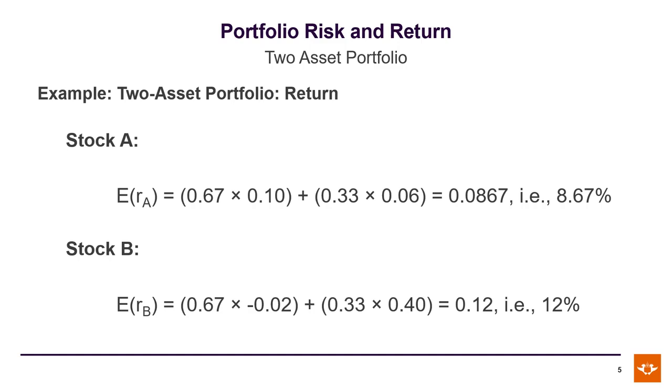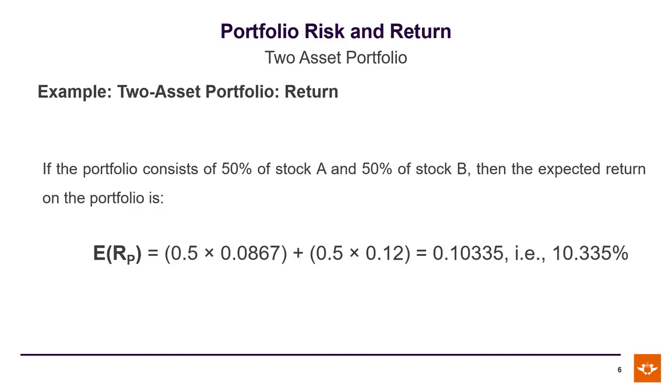So now we're going to look at how a portfolio would perform if we combine A and B to create our portfolio. So in this instance, we've chosen to equally weight our portfolio. So we've put 50% in stock A and 50% in stock B. So when we calculate our expected return, half our return is going to come from stock A, half is going to come from stock B. And we end up with an expected return for our portfolio of 10.335%.